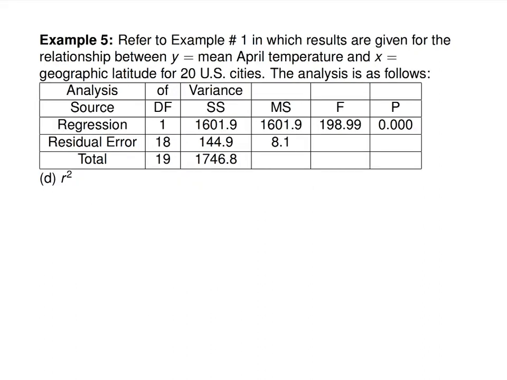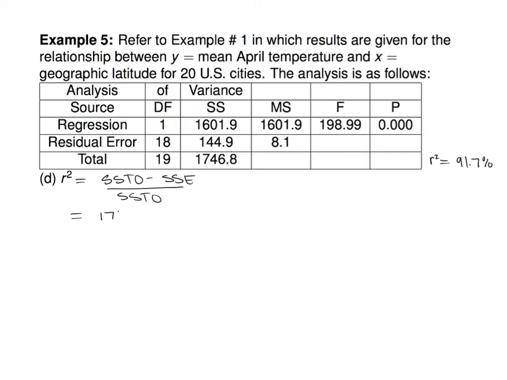So now using this, let's figure out what that r squared should be. And remember that in the data, r squared was 91.7%. So remember that r squared is equal to SSTO minus SSE all over SSTO.